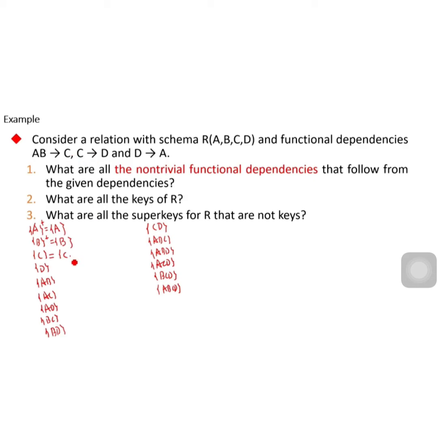D functionally determines A, so A is also added. B cannot be added. Now from this one, we can get C functionally determines D and C functionally determines A.